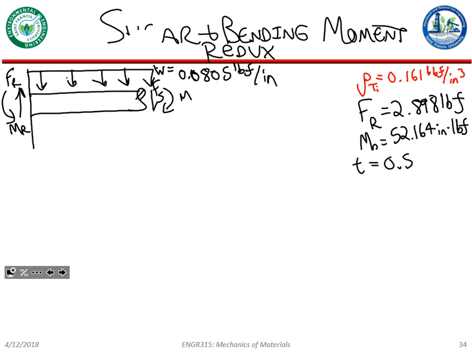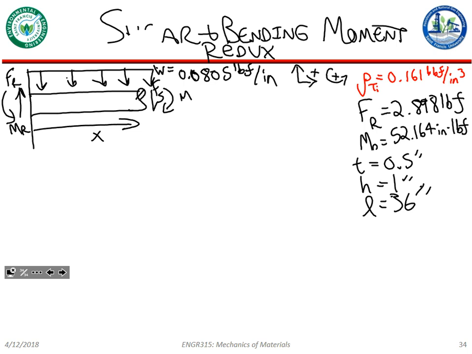Thickness was 1/2 inch. Height was 1 inch, if you need any of that. Total length was 36 inches. There's an X direction. Squirrel away some positive directions over here. All right, we should have everything that we need.